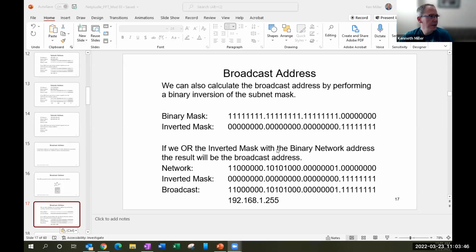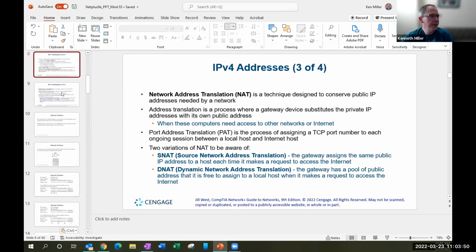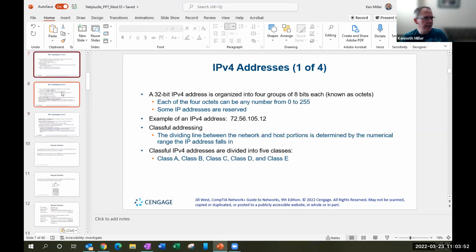All right, so last week we ended up where we mentioned IP addresses, and it's important to understand that they're typically arranged in classes, with class A, class B, class C, and then class D is for multicasting, and then class E is experimental.